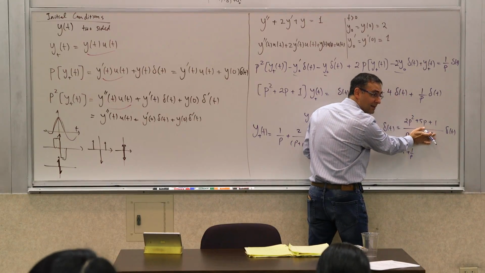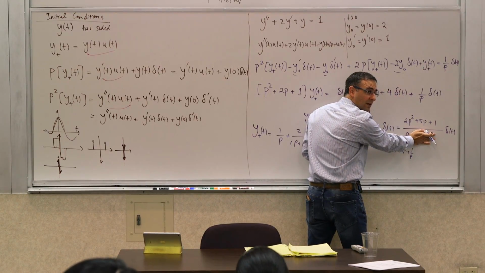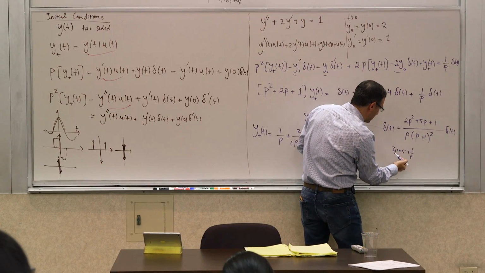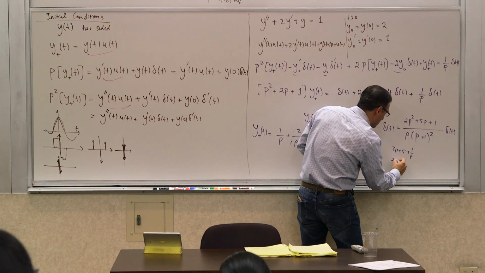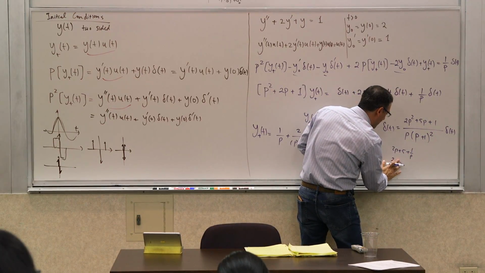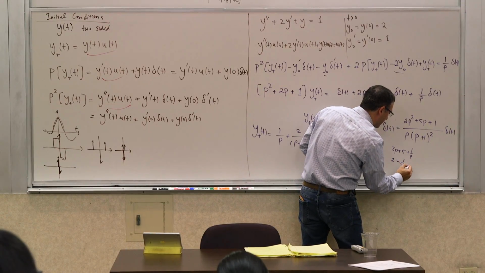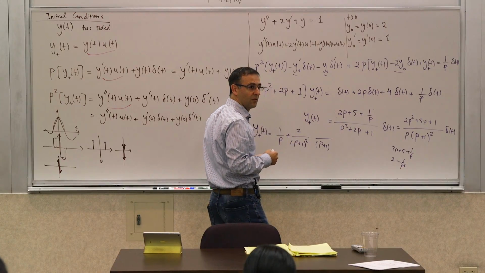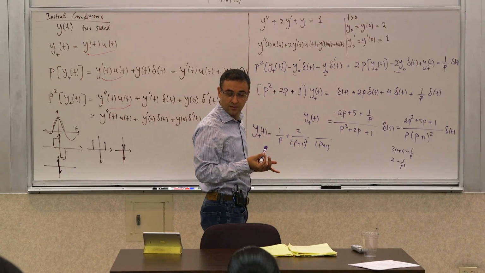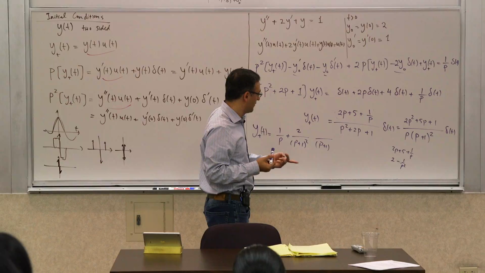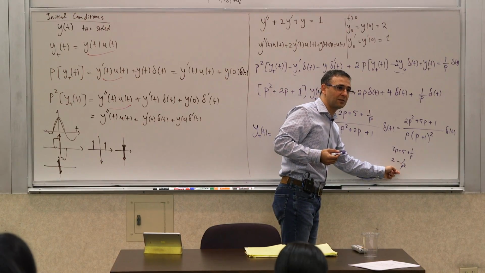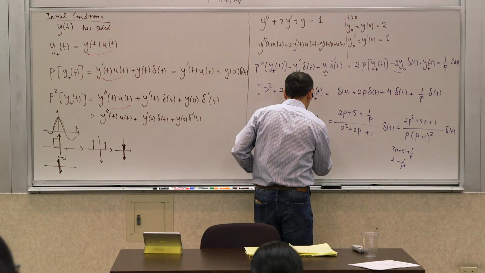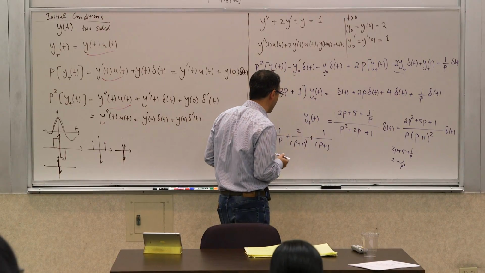If you just eliminate that, what is the derivative of this thing? It's 2, this is 0, 2 minus 1 over p squared. And we set p to -1. What do I get? What is this for p equal -1? 1. So that's my partial fraction expansion.